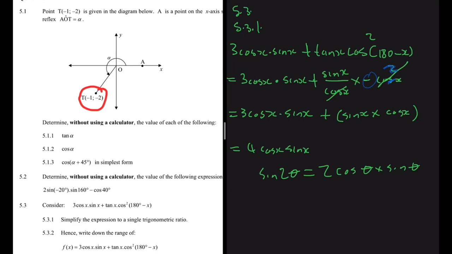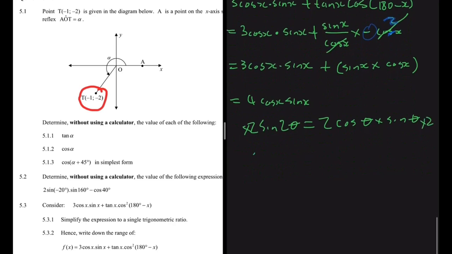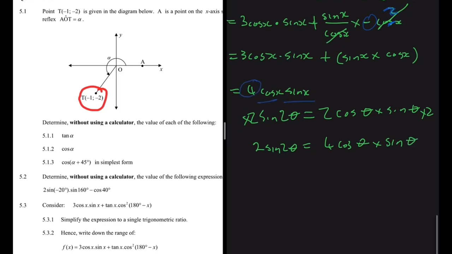If you multiply both sides by 2, you get 2 sine of 2 theta is equals to 4 cos of theta multiplied by sine of theta. And that's exactly what we have here. 4 cos theta sine of theta, but we have x instead. So that will be equals to 2 sine of 2 theta. Right? And we have simplified our expression into a single trigonometric ratio.